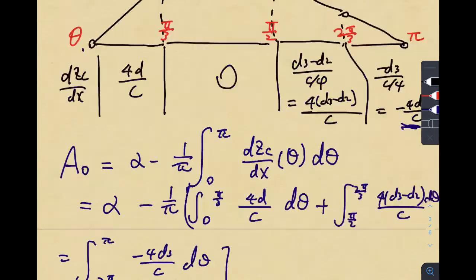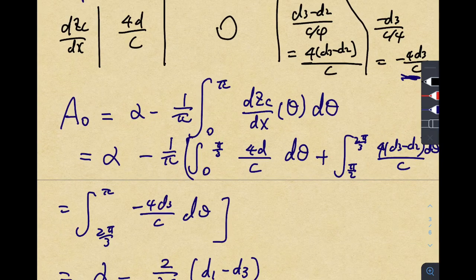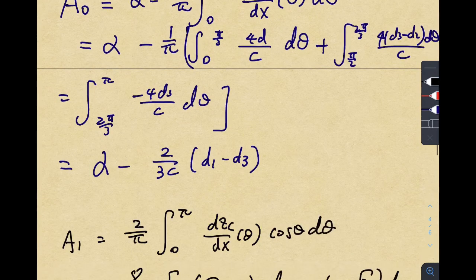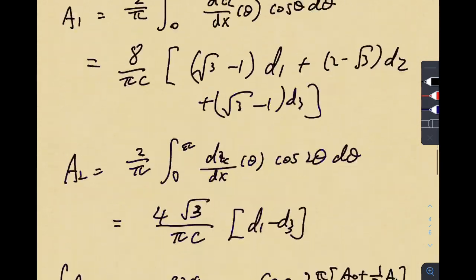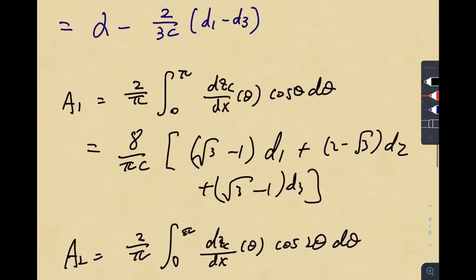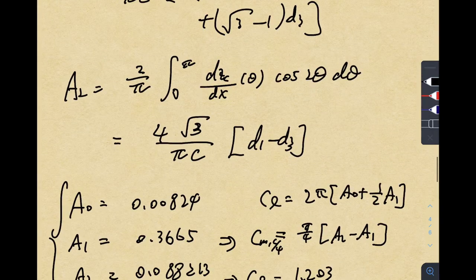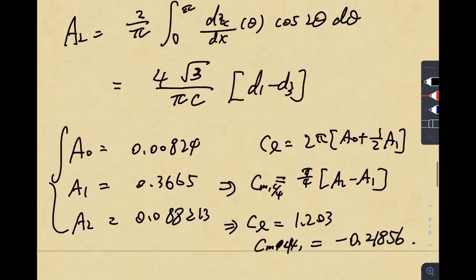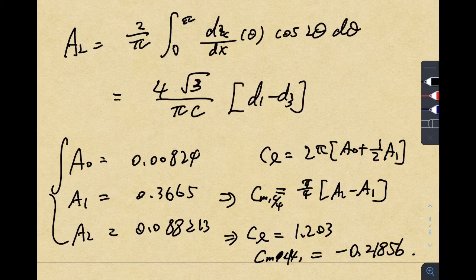And then the second step is that you need to convert everything from x space to theta space. Usually in theta space, everything is easier to integrate. And then the third step is you need to figure out the A0, A1, and A2, things like that. And the final step is you just plug in those formulas to get the airfoil aerodynamic properties.